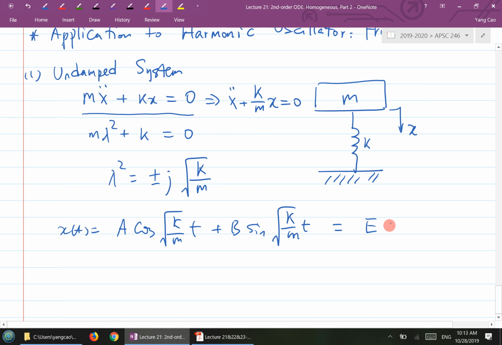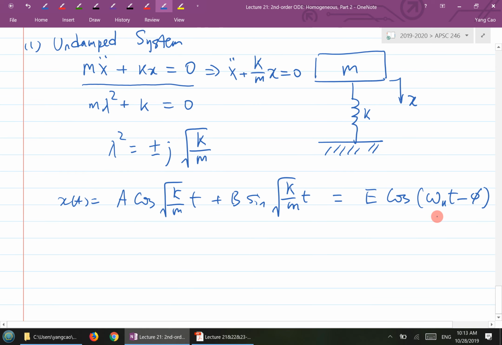And that's equivalent to another constant times cosine of omega n t minus a phase. The omega n here is basically the root of k over m. That's the frequency of the oscillation, and we call this the natural frequency.